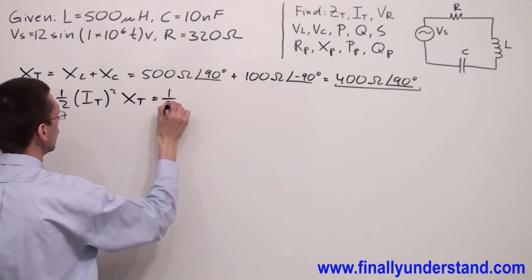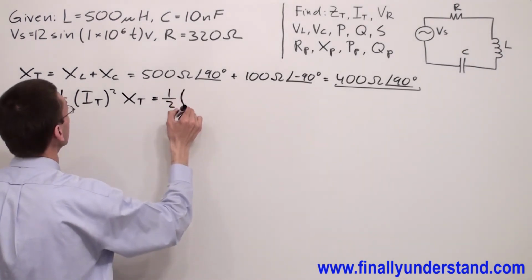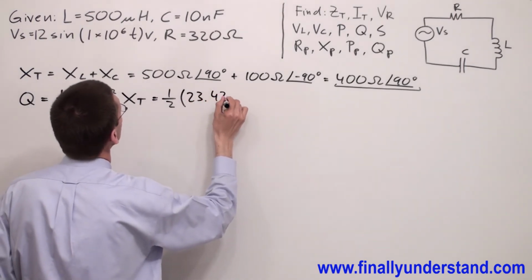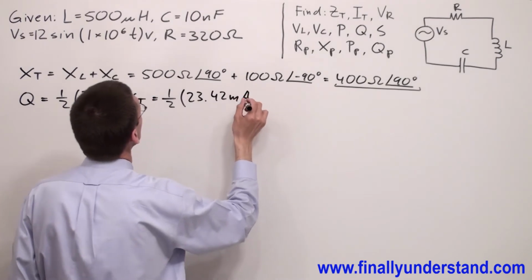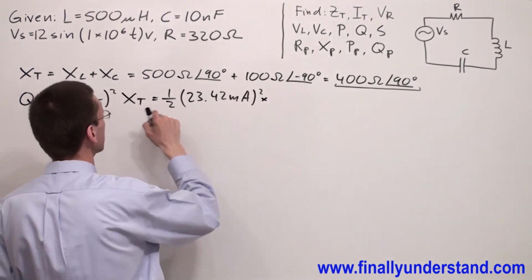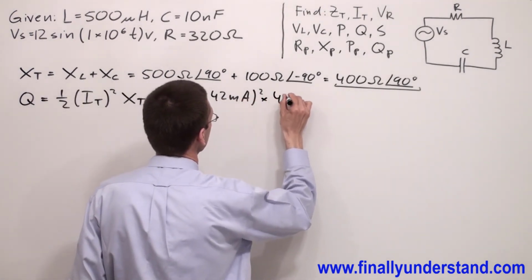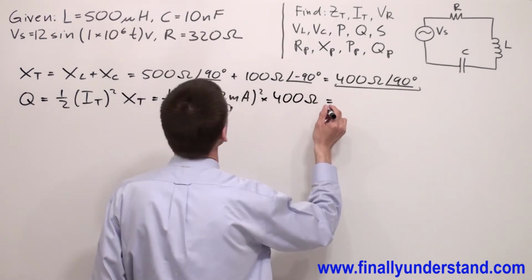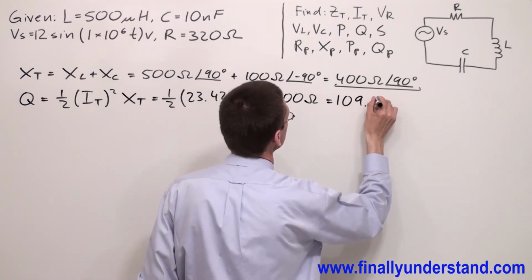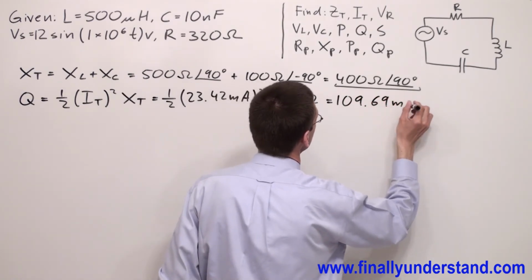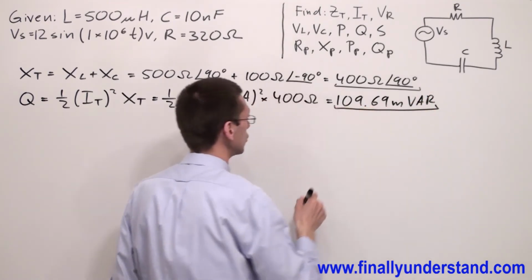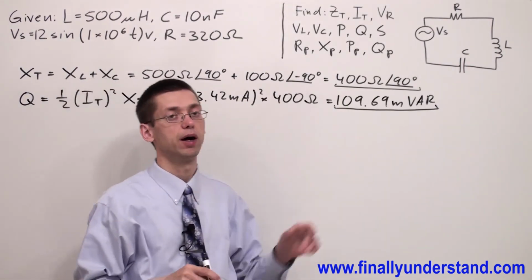So I have 1/2, and the total current is 23.42 milliamps raised to the second power times total reactance, which is equal to 400 ohms. Everything is equal to 109.69 millivolt ampere reactive. Okay, so this is the reactive power in my circuit.